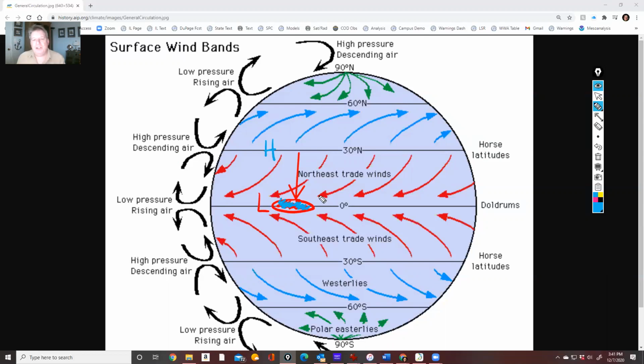Now, I want you to notice something here, that it says they're the northeast trade winds, and in the southern hemisphere, they're the southeast trade winds. So I'm going to go back to this, erase this, and I'm going to look at this region, just one place, from around the equator to maybe 30 degrees of latitude.